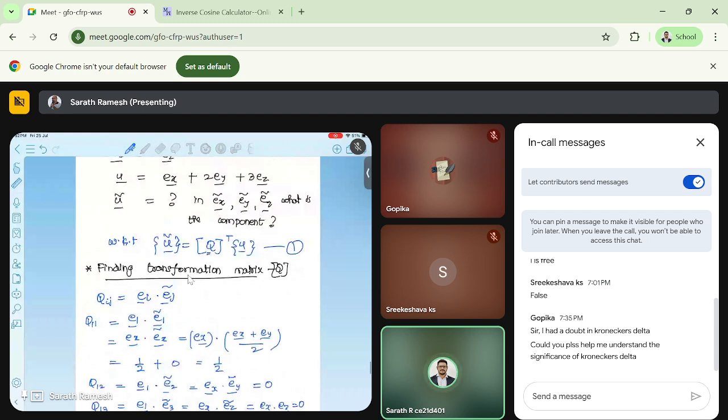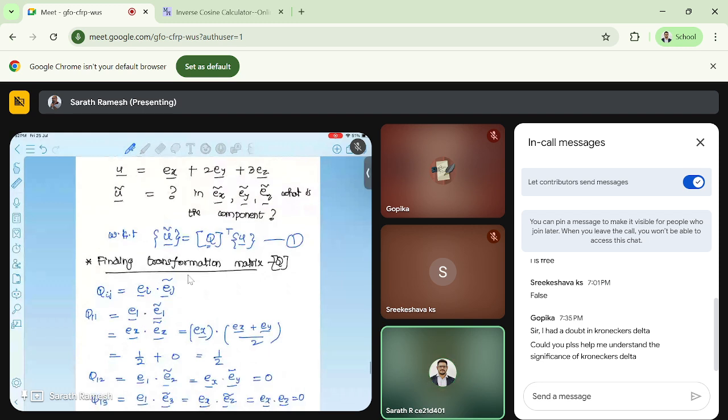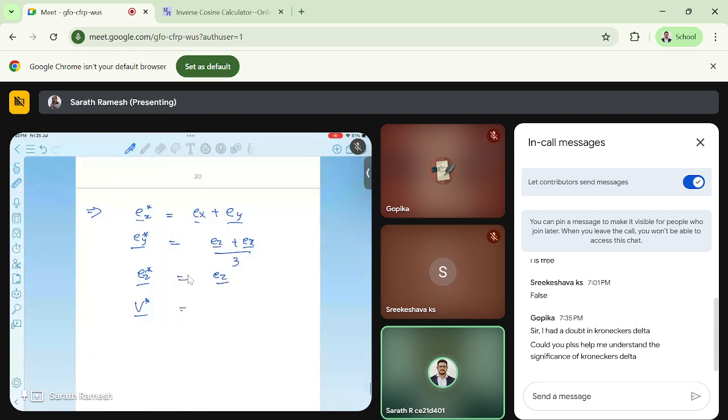Now suppose they gave some V star in terms of the X star direction, the rotation, the new coordinate basis direction, and they are asking you the reverse one, V equal to what? So we know V star is equal to Q transpose V.